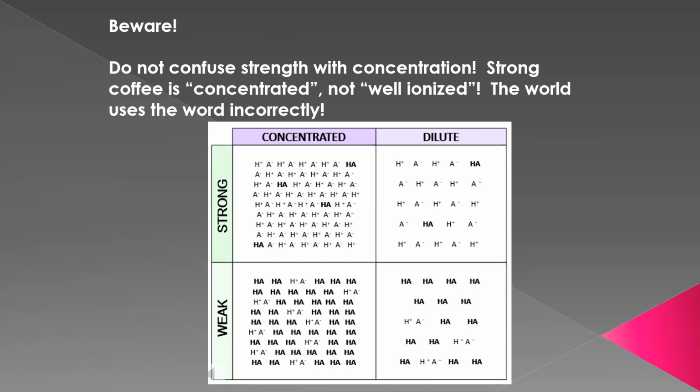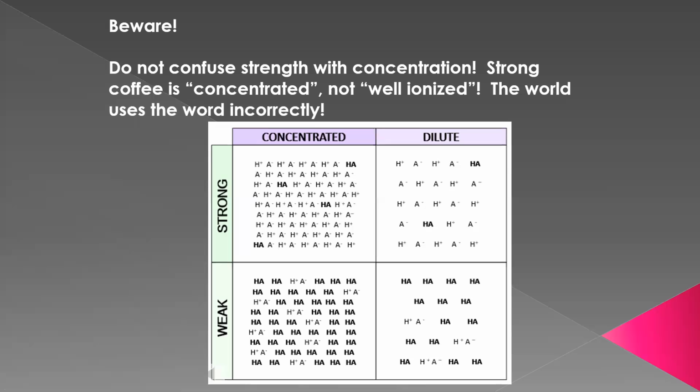For concentrated, look at the bold letters. The bold letters are the not ionized pieces. And what do you notice? Not many little not ionized pieces, right? Most of them have ionized. That is strong. Now I can have a concentrated strong acid and I can have a dilute strong acid.